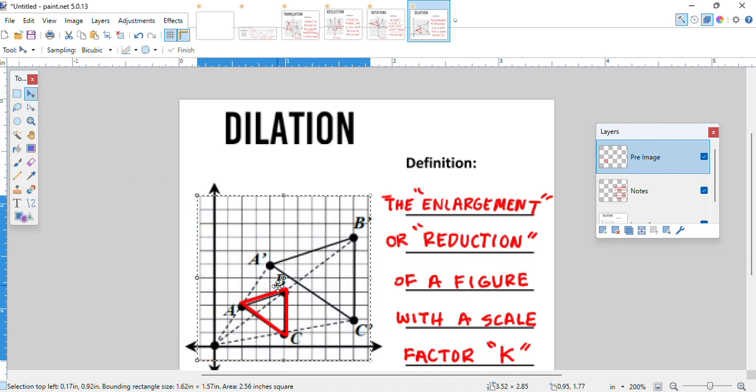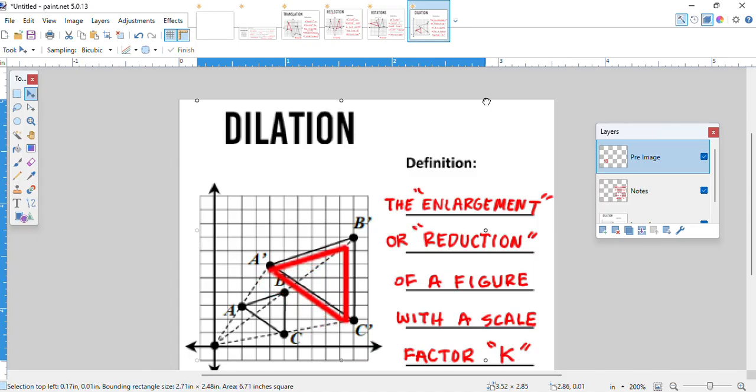Now, if I take my image and I am making it larger, we are growing, we become A'B'C'. Okay. So ABC, and I am performing an enlargement, becomes A'B'C'.